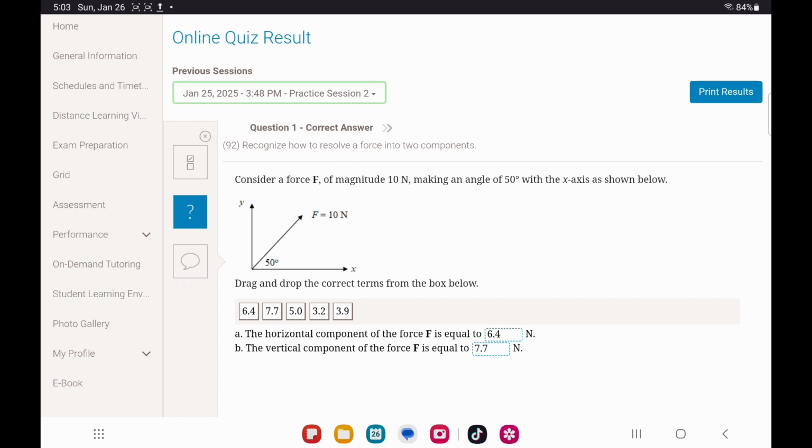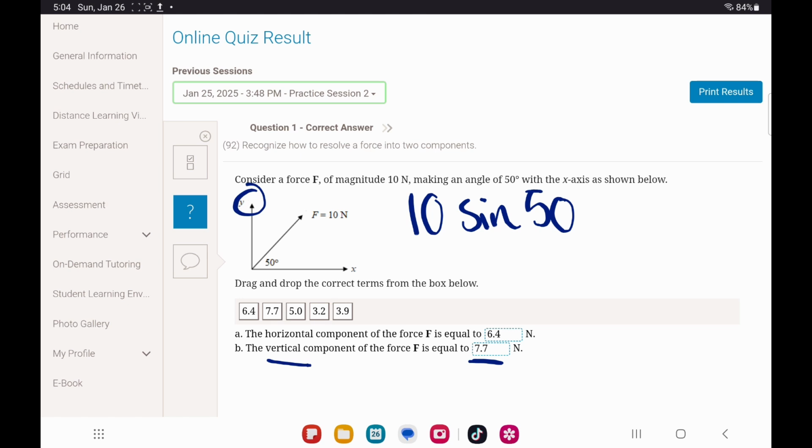And then the vertical component, like we said, is y, and y is sine. So force times sine of the angle, which is 50, and the force is 10. So 10 sine 50 equals 7.66, so 7.7 if you round it.